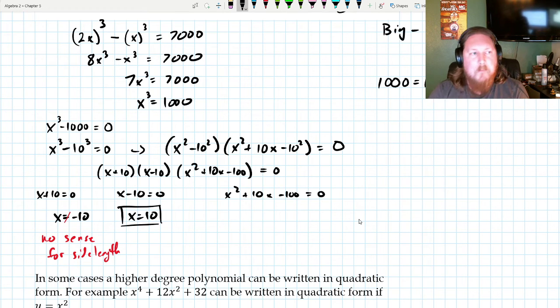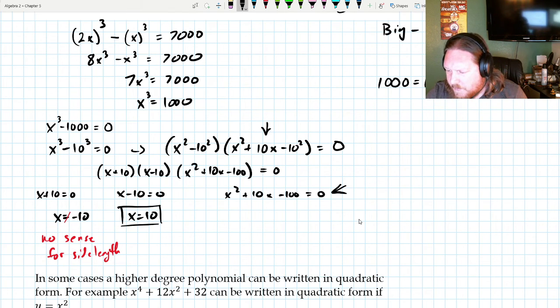Okay? But now there should be two more, and they come from this equation here. Now I said this is not factorable before, so that tells me I should just use the quadratic formula on it. And I know it's not factorable because that part came from the difference of two cubes pattern, so the quadratic that's left over is never factorable. Oh wait, I made that a minus there. That should be a plus.